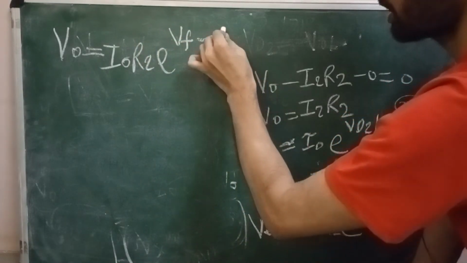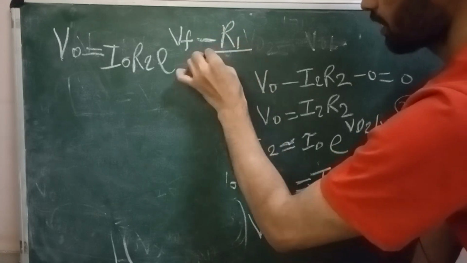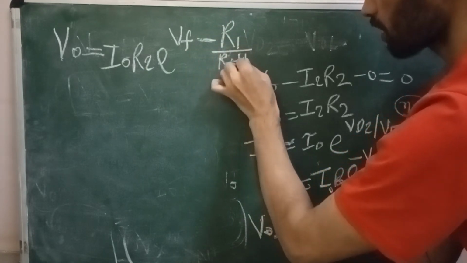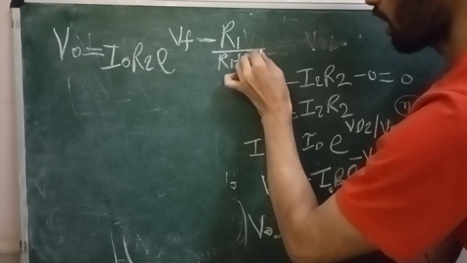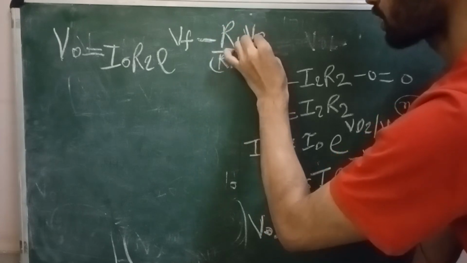Just put the value of Vx: R1 divided by R1 plus R2, into Vs.